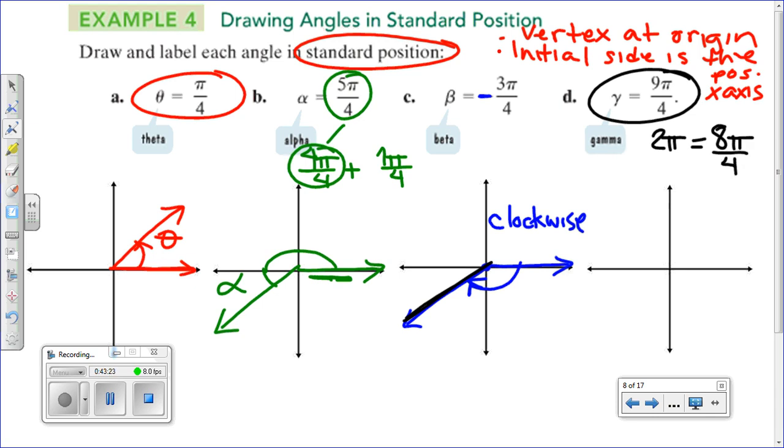Do we agree? But we need one more pi over 4. So we're going to do a complete turn and then one more pi over 4. So this is gamma, the one that I was telling you. It looks like a Y.